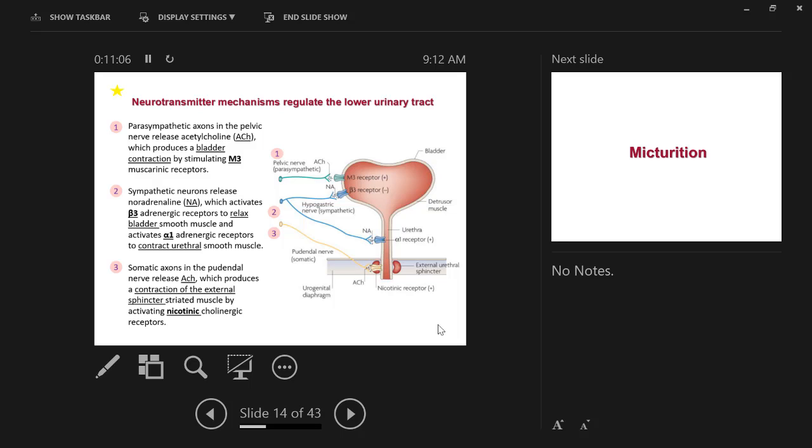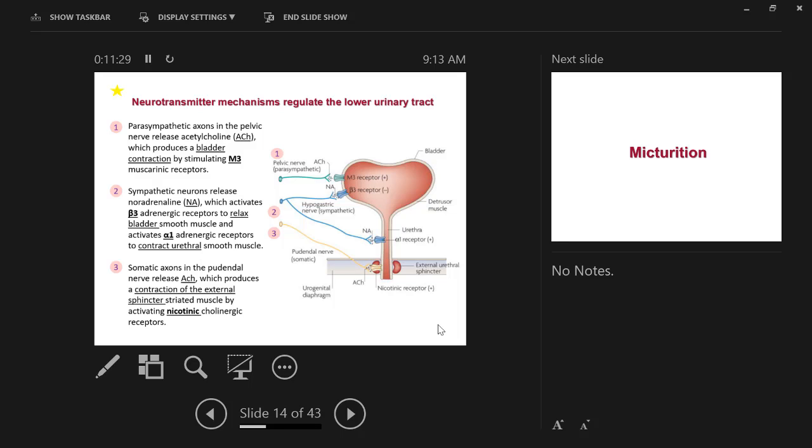I'm going to explain this more later, but for now I just summarize. So neurotransmitter mechanisms regulate the lower urinary tract. Once again, there are three different nervous systems regulating the entire function from the bladder to the urethra.